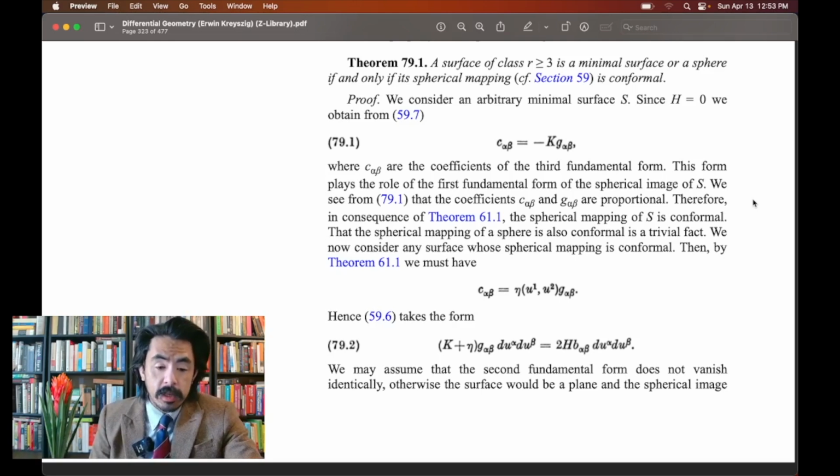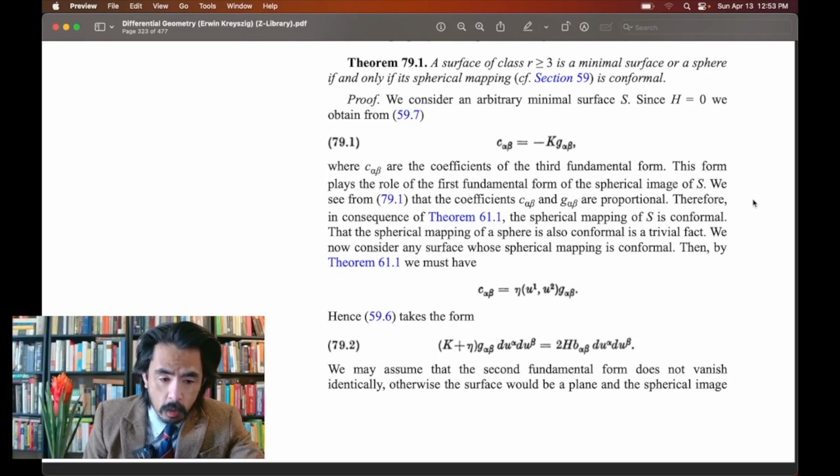So in consequence of this, the spherical mapping of the surface capital S is conformal. That the spherical mapping of a sphere is also conformal is a trivial fact. We now consider any surface whose spherical mapping is conformal. Then, by the aforementioned theorem 61.1, we must have that c sub alpha beta is equal to this function eta in terms of coordinates u1 and u2, then times g sub alpha beta.